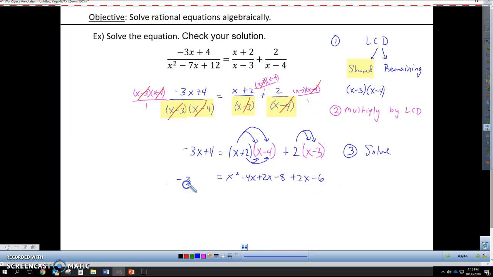On this side, I still have negative 3x plus 4. And this becomes x squared, a negative 4x plus 2x plus 2x. All these cancel, so those terms disappear. And over here I have minus 14 with the negative 8 and negative 6. And on this side, I have negative 3x plus 4.